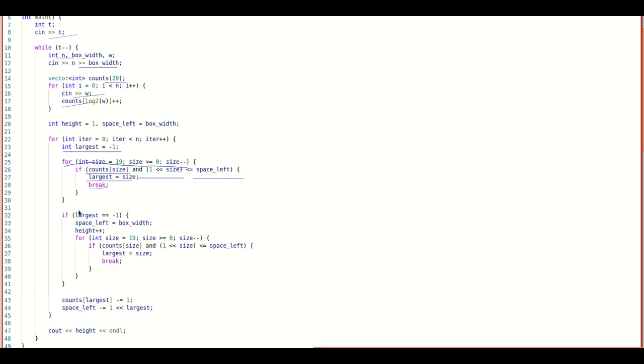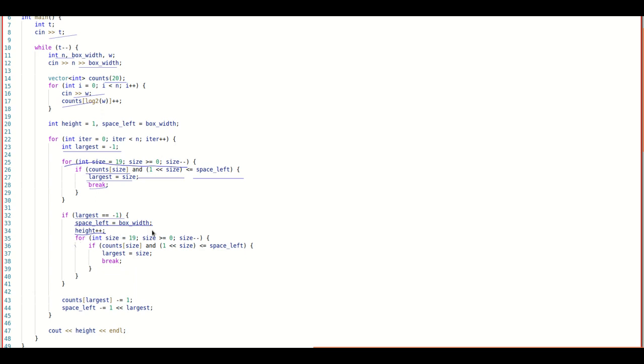If there does not exist any such rectangle that we can fit into the current layer, then we increase our height of the box by 1, and the space remaining will now be the box width. Since we can again put rectangles, we will again do the same thing.